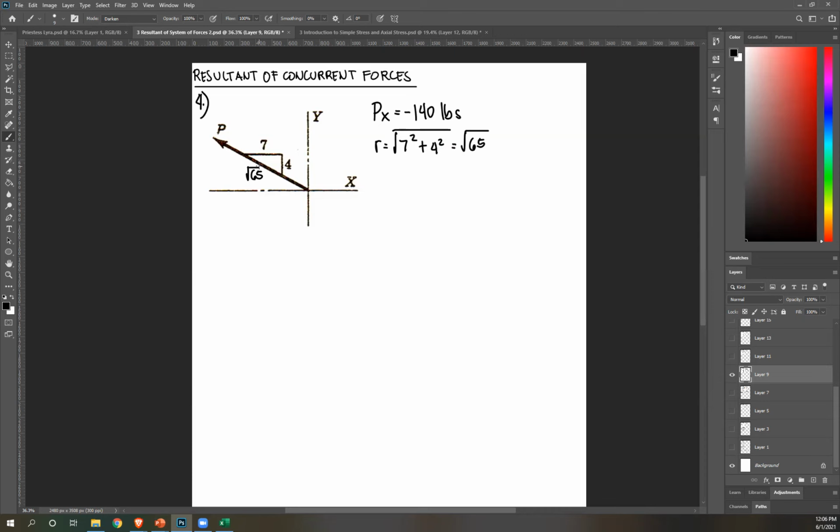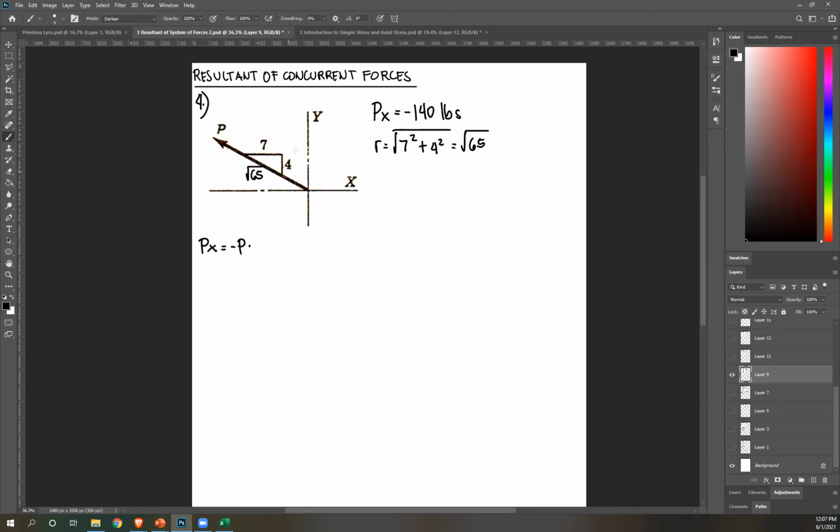Now let's solve. Since we're given Px, let's start with Px. Px equals, so looking at our drawing, P is to the left, therefore this is negative. And then your force P multiplied by, since we're creating an equation for the x component, recall our technique whenever we're given a slope, Px, therefore I need to get the side that is parallel to x, and that is 7, right?